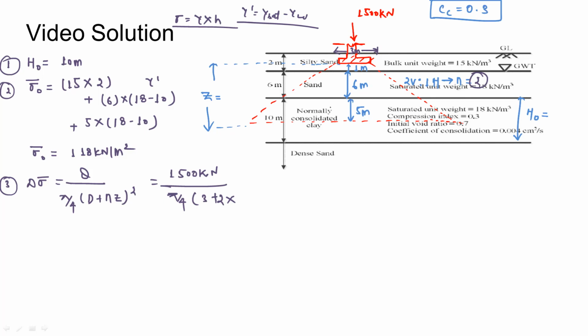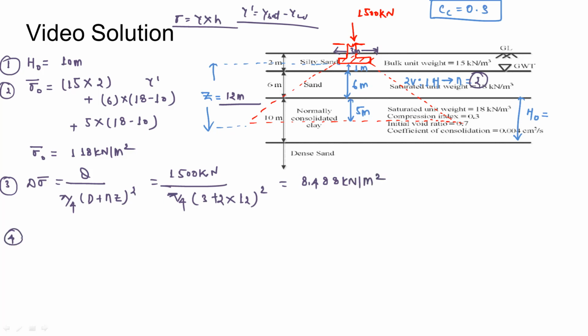So this is 5, this is 6 plus 1, so 5 plus 6 plus 1, this is 12 meter, so this is 12 meter square. Now if we calculate it, it will be 8.488 kilonewton per meter square.